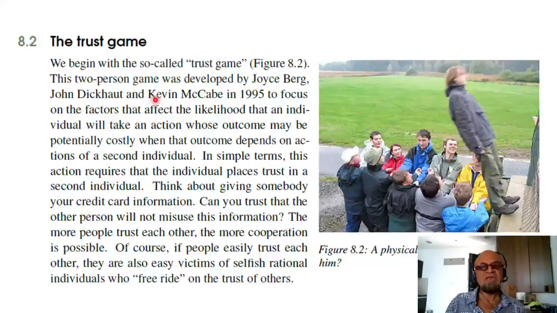This two-person game was developed by Joyce Berg, John Dickhaut and Kevin McCabe in 1995 to focus on the factors that affect the likelihood that an individual will take an action whose outcome may be potentially costly when that outcome depends on actions of a second individual. In simple terms, this action requires that the individual places trust in a second individual.